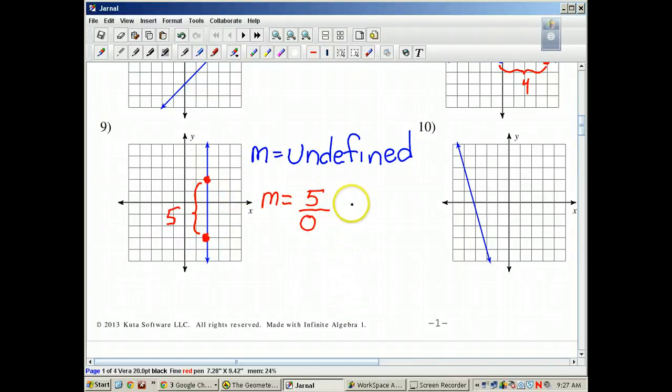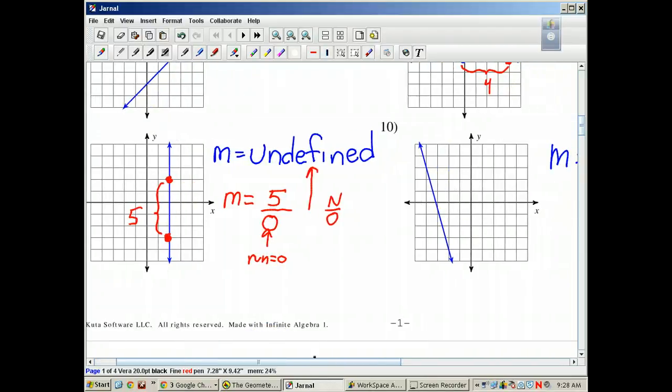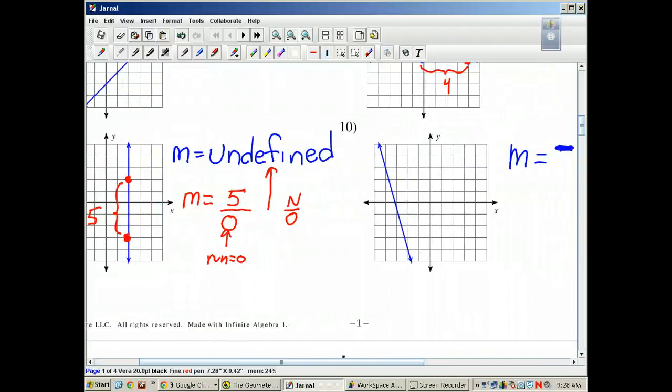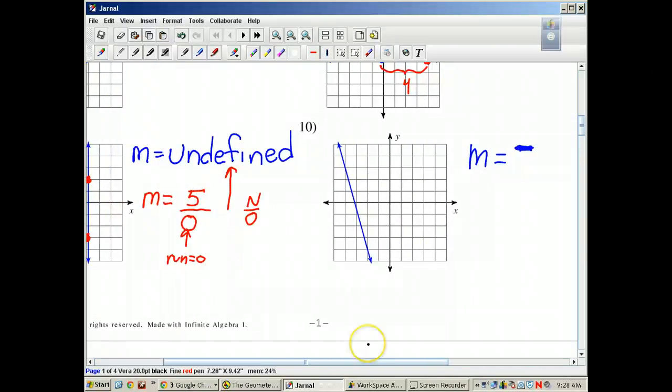And remember, when you have a 0 on the bottom, think of this. No. You cannot have a 0 on the bottom, and that's why we get an answer of undefined. It's because the run equals 0. Every time the run is equal to 0, the left and right movement, that's when we get undefined. Good. Finish up the front. Finish up the front there.